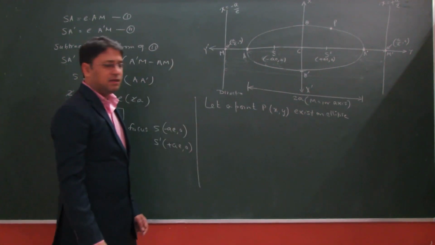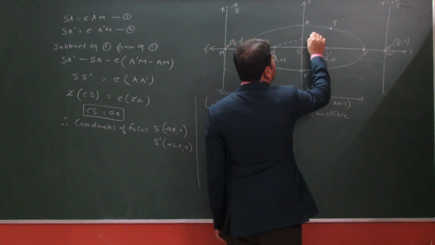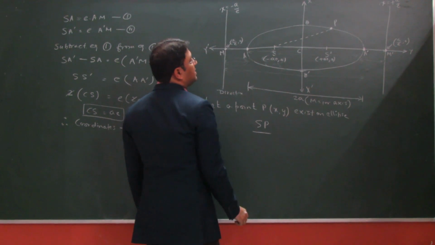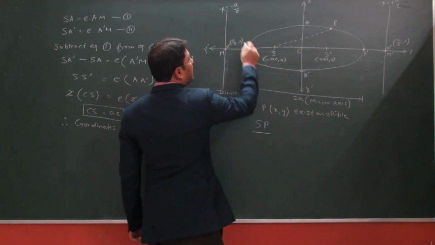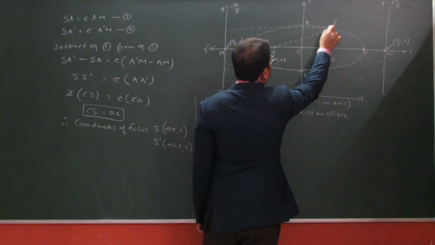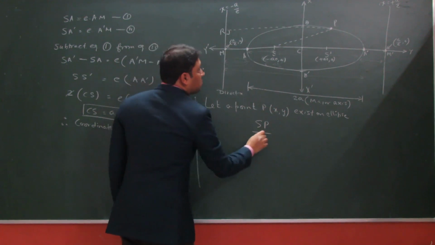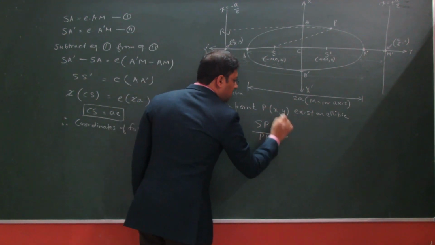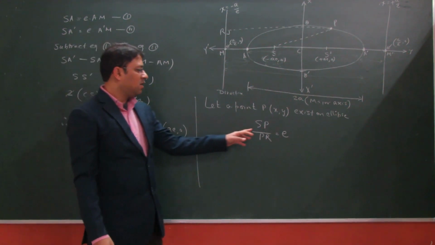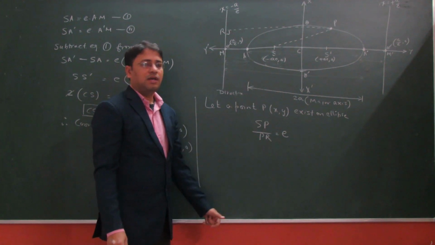The condition would be that its distance from the fixed point, this SP distance, and its perpendicular distance from the fixed directrix, let's say this is point R, so SP by PR should be equal to E. This is the condition of an ellipse: the ratio of the distance from the fixed point to the distance from the fixed line is always equal to E.